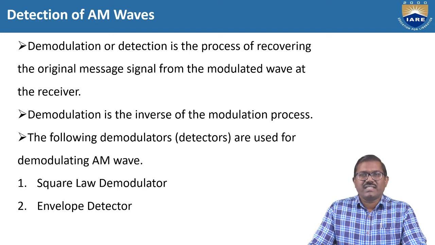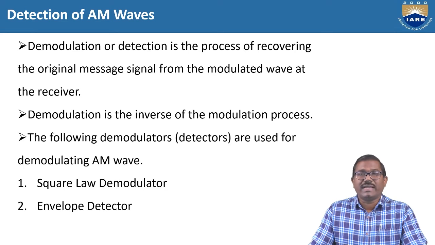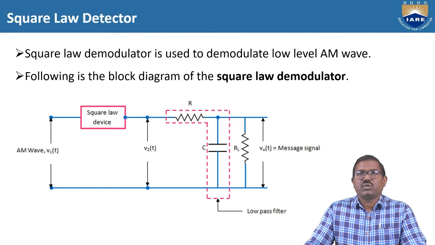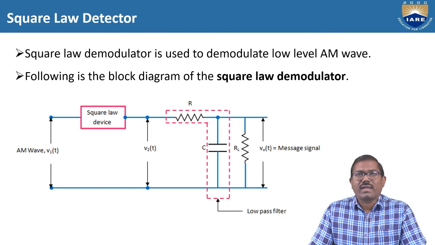We are extracting the original message signal from the modulated signal. Here we are using two varieties of detectors. One is a square law and another is an envelope detector. So first we are stepping into the square law detector.